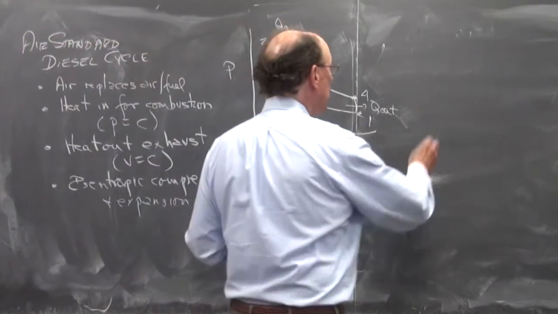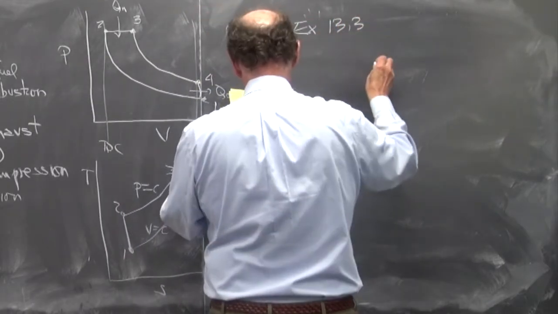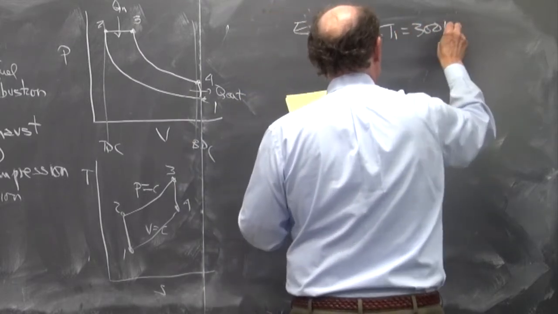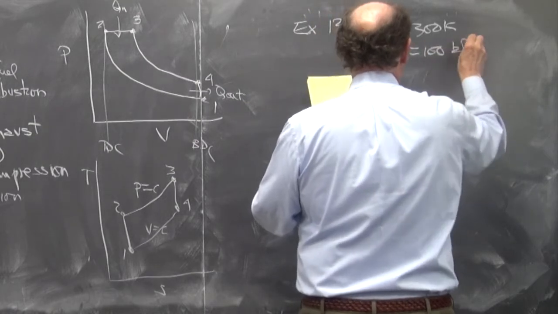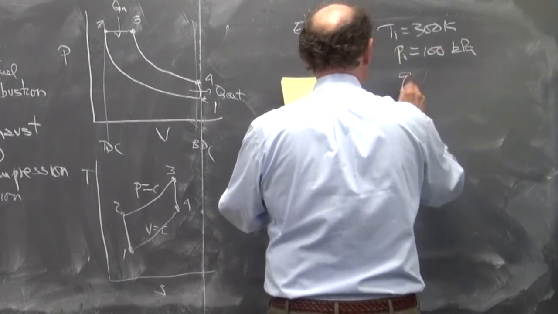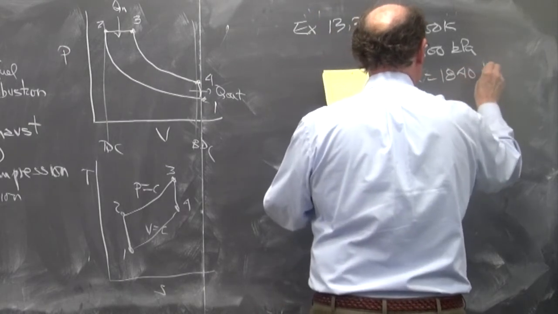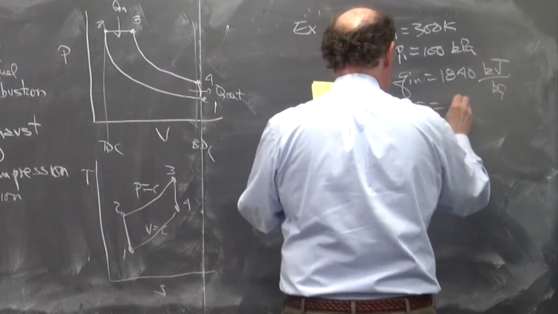So example 13.3, you can read that T1 is equal to 300 degrees K, P1 is 100 kPa, Q in is equal to 1840 kilojoules per kilogram, R is equal to 16.